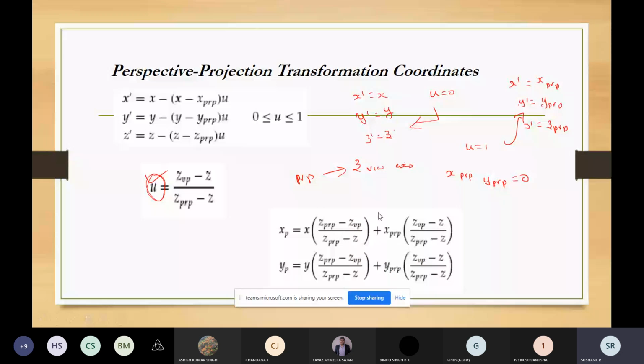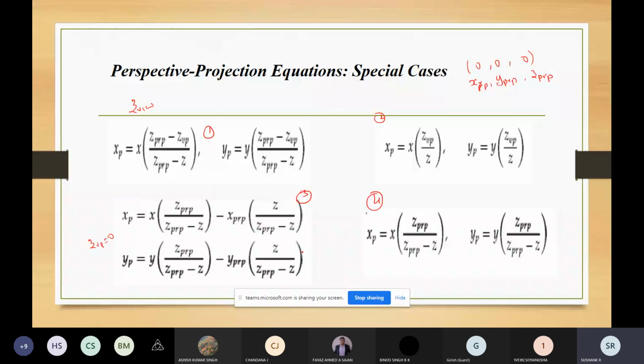Here also we have the UV plane, but the projection reference point is on the Z view axis. In the third scenario, we were on the UV plane, but there was no restriction on the placement of the projection reference point, so ZVP became 0.